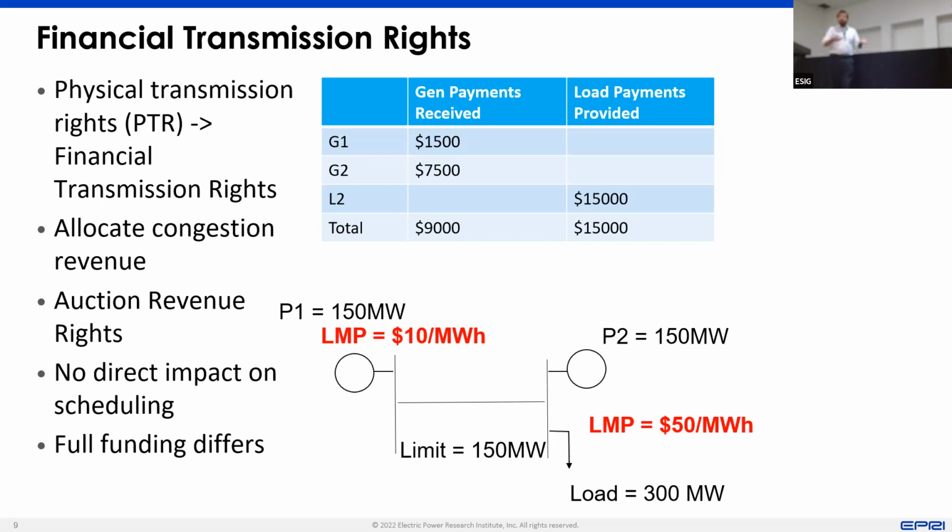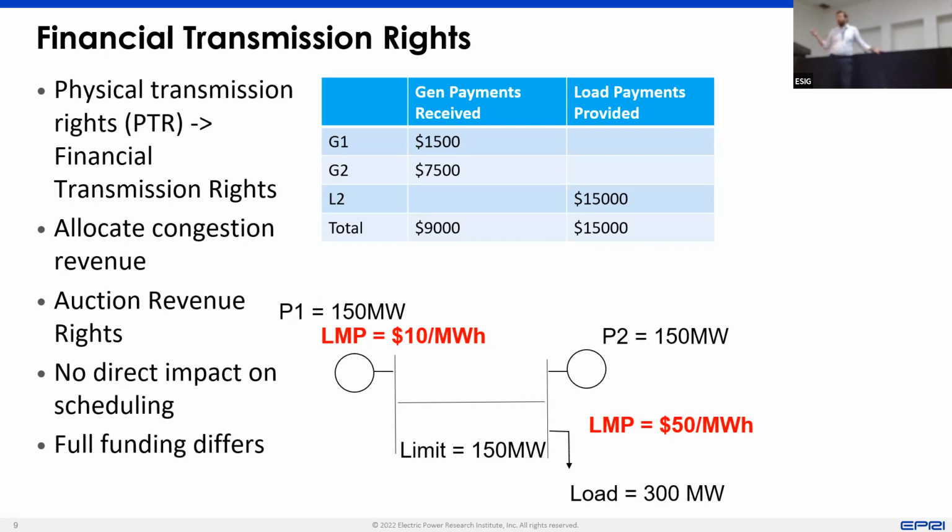So the ISO, the market operator, is the one that's collecting the payments and providing the payments. And you look at this example, it's like, wait a minute. So the ISO is collecting $150,000, and then it's providing $9,000 to the generators.